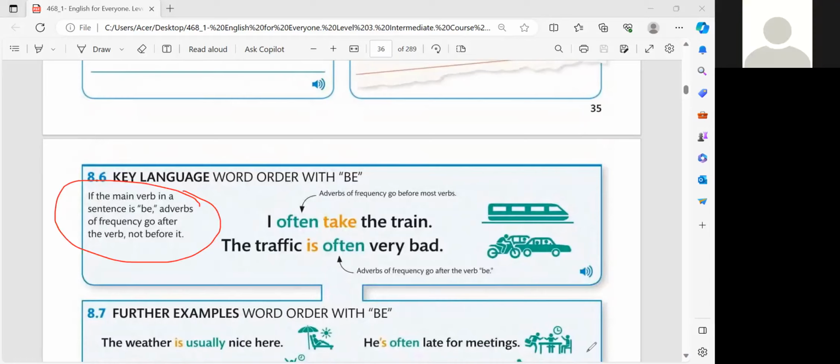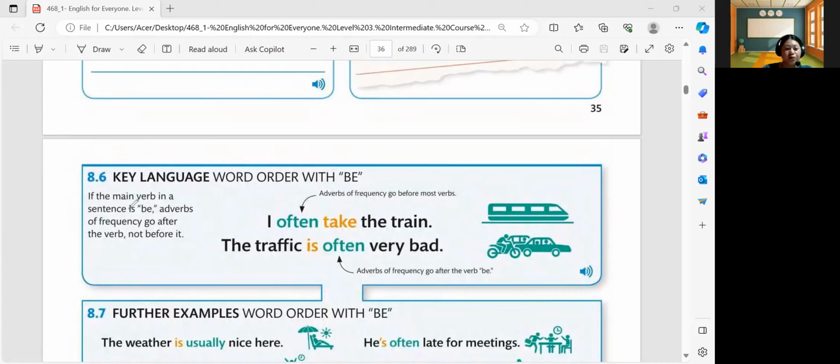If the main verb in a sentence is be, adverbs of frequency go after the verb, not before it.